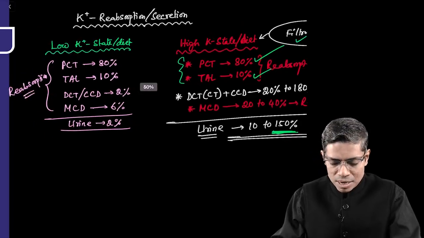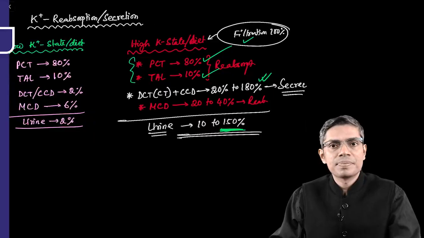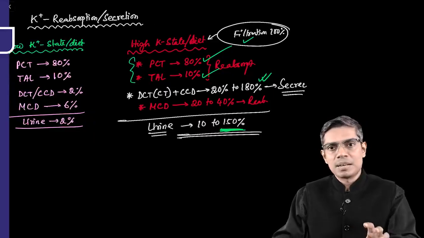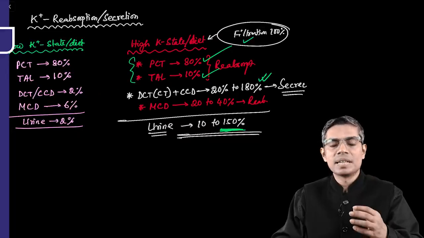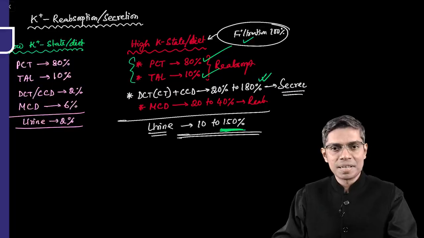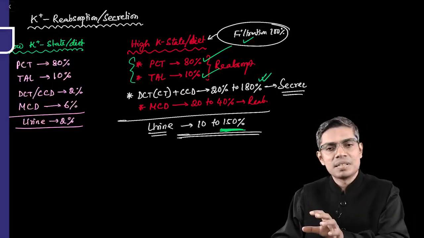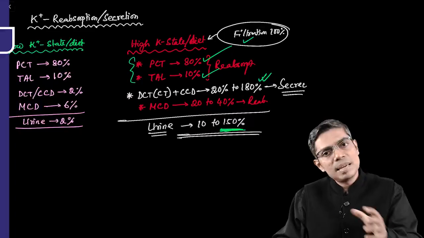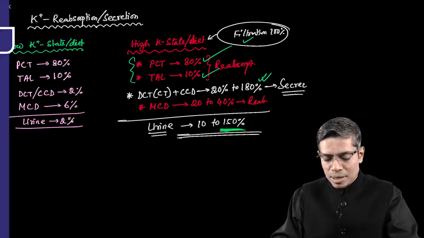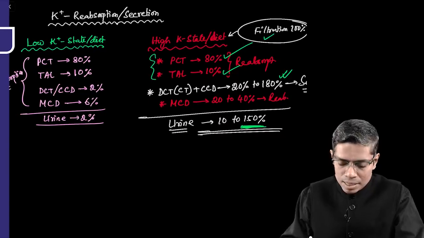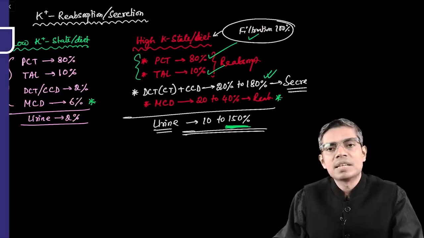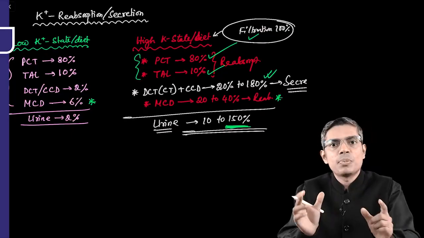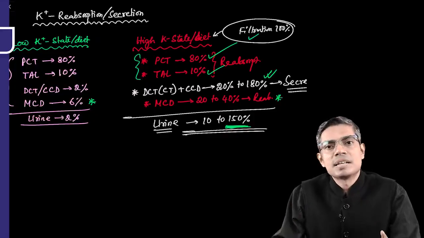So you have to remember that potassium is the only electrolyte which can be reabsorbed as well as secreted in the nephron, and the portion where it is secreted is the later part of the DCT and cortical collecting duct. The same part can also reabsorb, but look at the medullary collecting duct. The medullary collecting duct only reabsorbs potassium, it cannot secrete. So there is a specific portion of the nephron which secretes potassium, and that's why it is an MCQ.